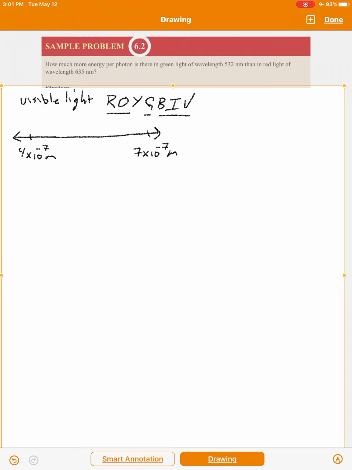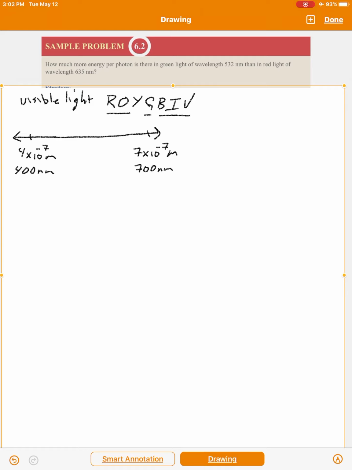Or, if you want to use the metric prefix nano, 10 to the minus 9, you get 400 nanometers up to 700 nanometers. That's a little bit variable, and it probably depends on the individual, but somewhere in that range. It's difficult for most people to see colors beyond that range.